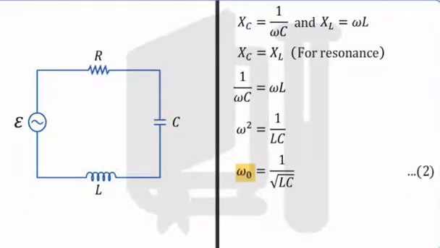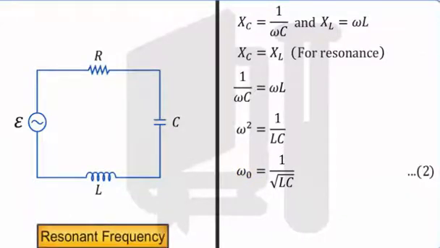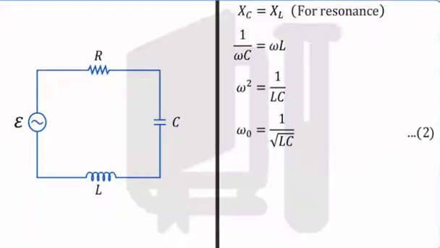We observe that as omega is varied, the value of current changes and is maximum when the value of omega is equal to omega naught, such that Xc is equal to XL, as the impedance Z of the circuit minimizes and becomes equal to R. This is the condition for resonance.